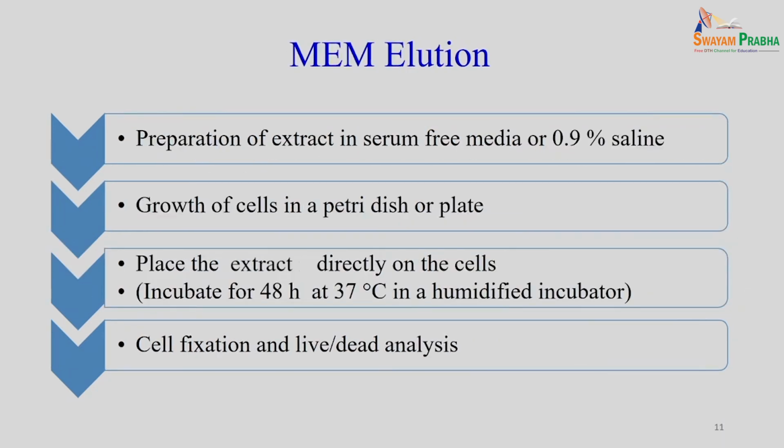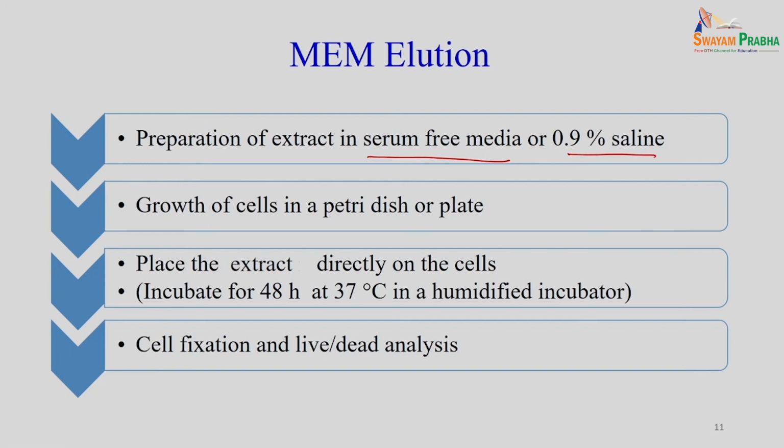Now, in case of the elution method, the first step is that we have to extract in serum free media, or we can also use 0.9% saline. Then you have to separately grow the cells in the petri dish or petri plate.